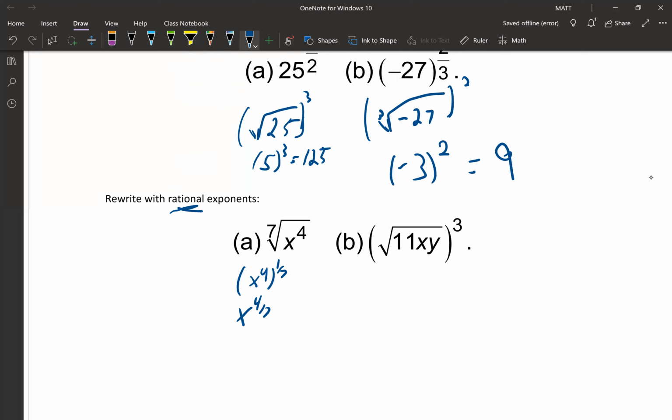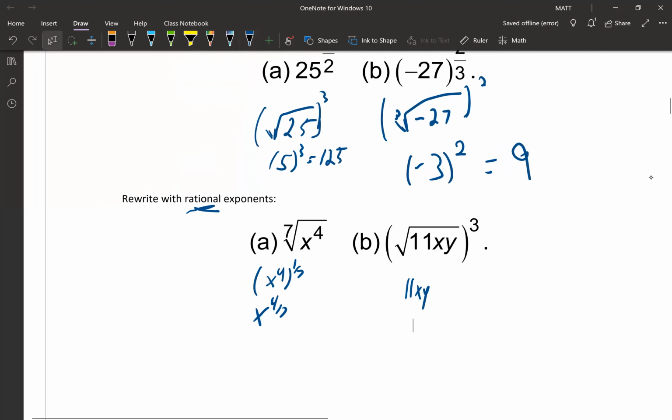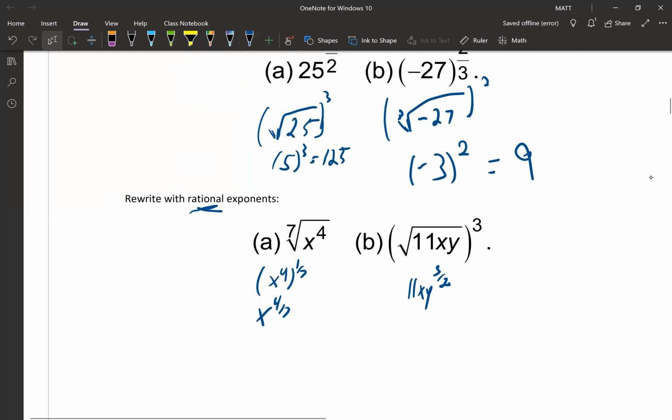Okay, we can do the same thing over here. And you should notice very quickly, we have this 11xy, which is our a right in the middle, right? 11xy is raised to the third power, and then we take the square root of that, right? So this should just be 3/2, or just 1/2 raised to the third power. So maybe I'll add that step in.